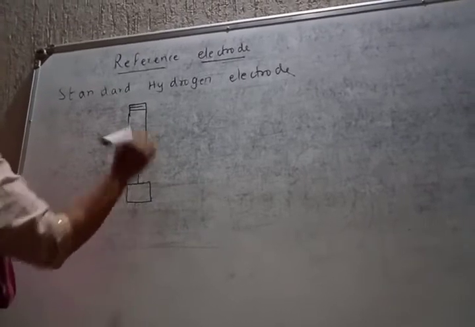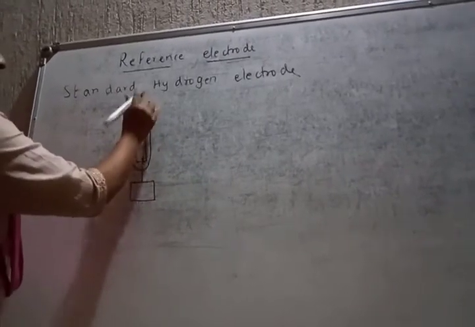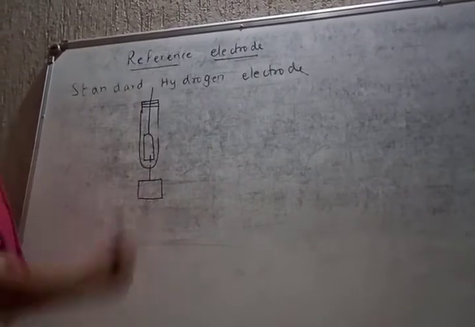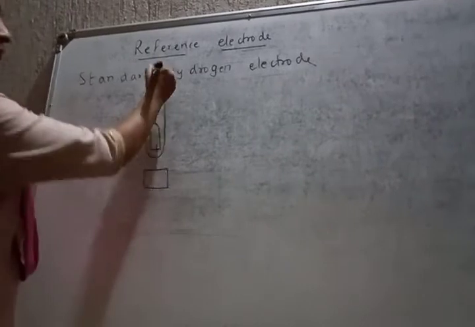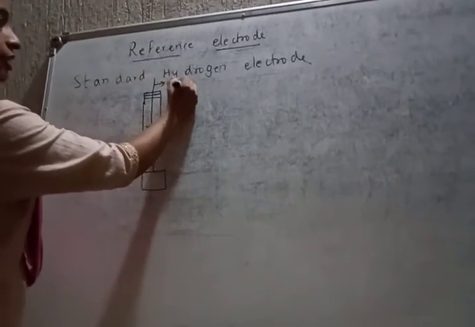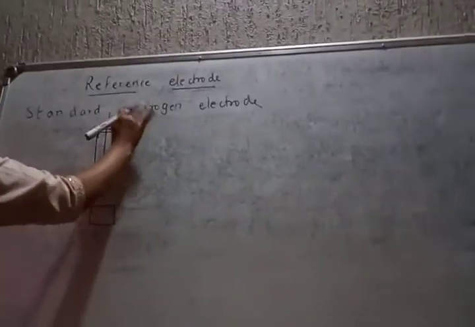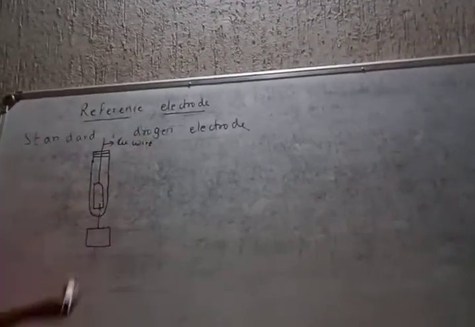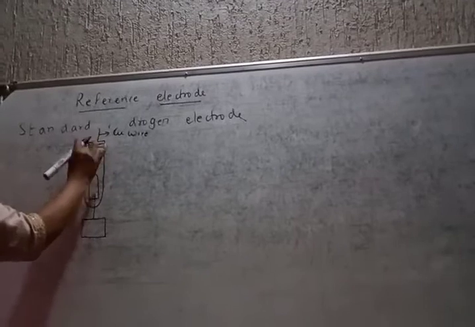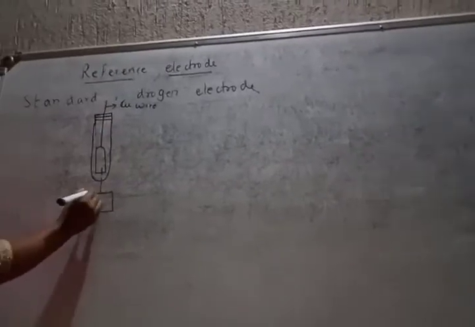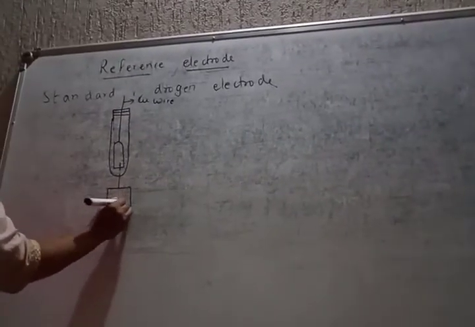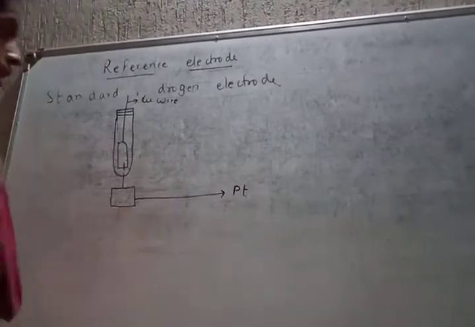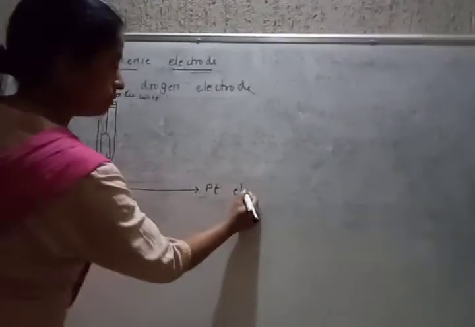The platinum plate is connected to a copper wire for external connection. The platinum plate is coated with platinum black. This is your platinum plate, which acts as the electrode.